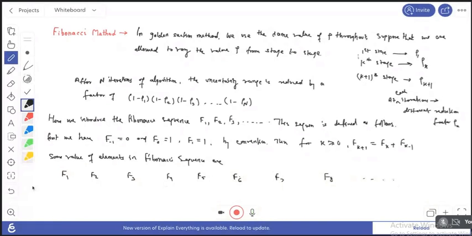F1 is 1. What is the value of F2? When we put k equals 1, we get F2, which is F1 plus F0, so this becomes 2.